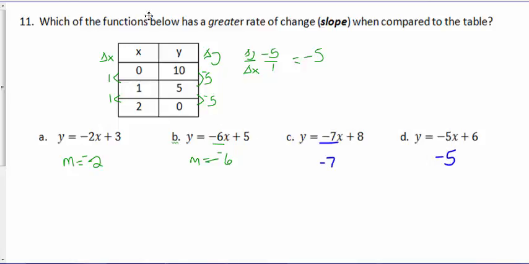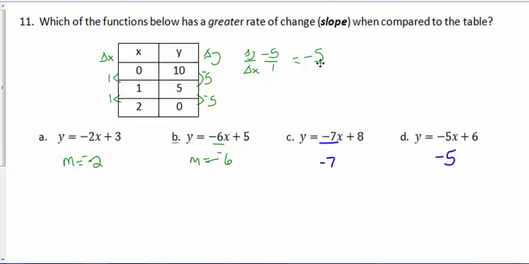Now, we're saying which of the functions below has a greater rate of change when compared to the table? Well, when you're comparing slopes, you've got -5, -2, -6, -7, -5. You look at it without the sign. So you take away any negative signs and look at it in terms of absolute value.